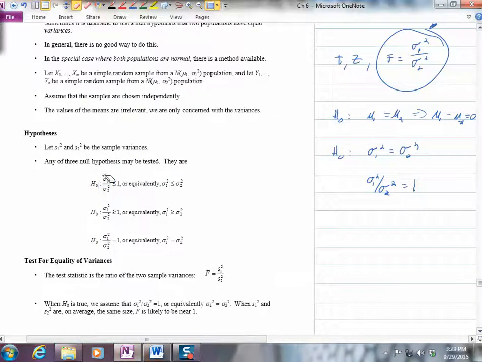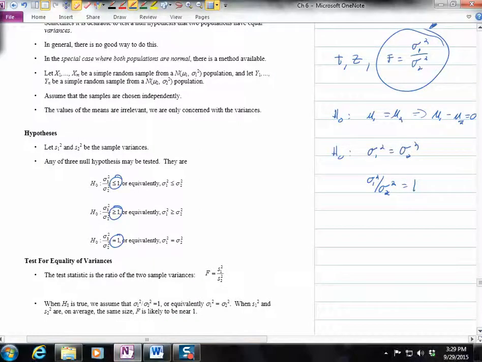So what are the null hypotheses that we can come up with? That ratio is less than 1, that ratio equals 1, that ratio is greater than 1, and then the alternative hypothesis is just the other side of those. We can have one-sided and two-sided tests just like before.